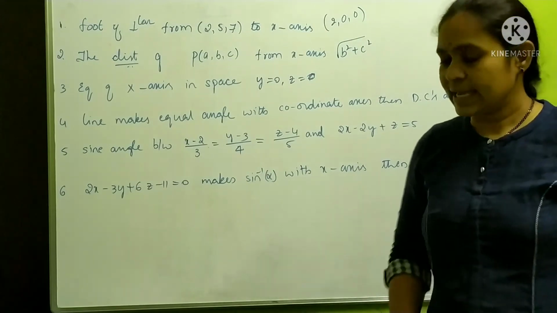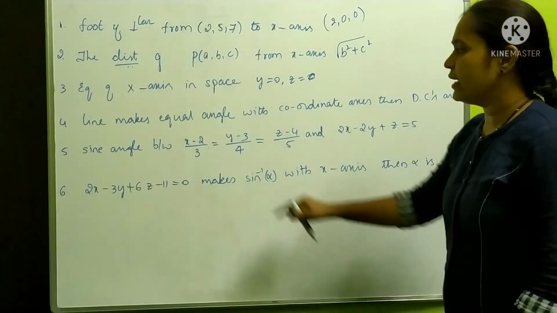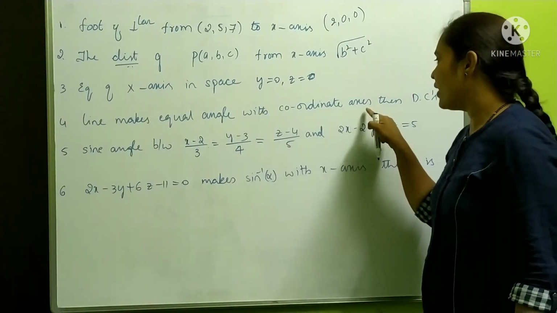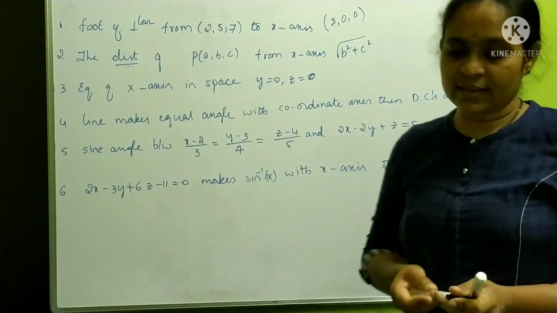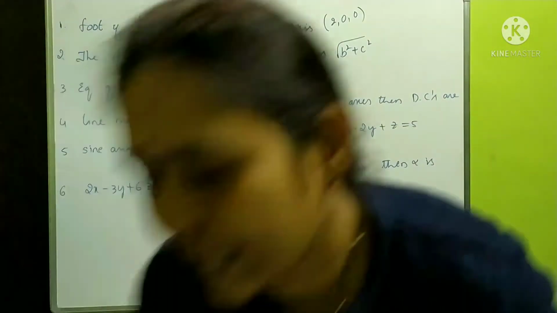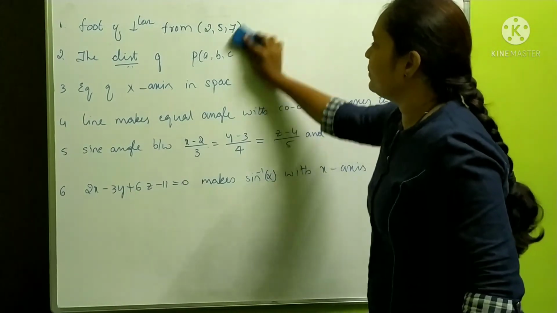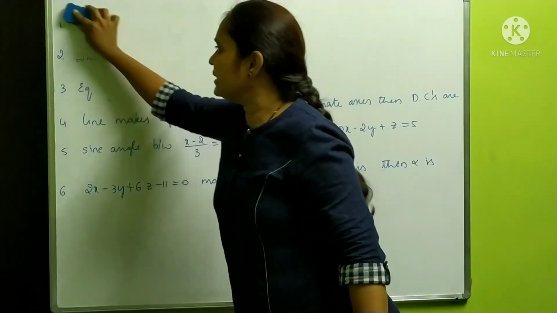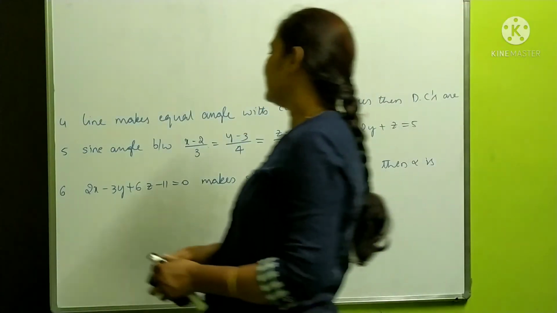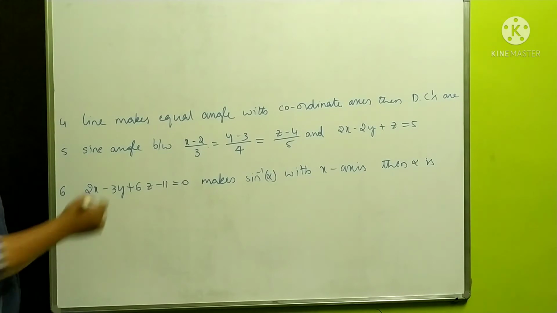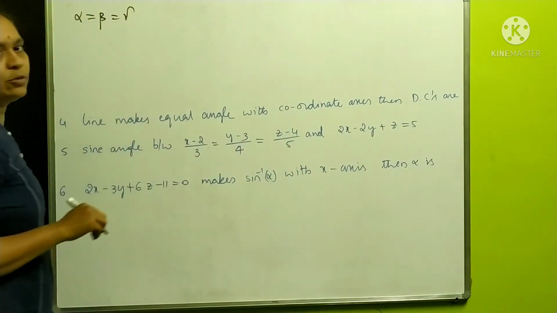They are telling that the line makes equal angle with coordinate axes, then direction cosines are. They are very clear that the line makes equal angle with the coordinate axes. If it makes equal angle, then we can write alpha is equal to beta is equal to gamma.